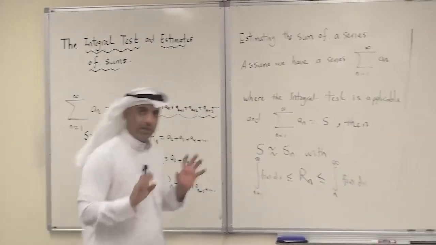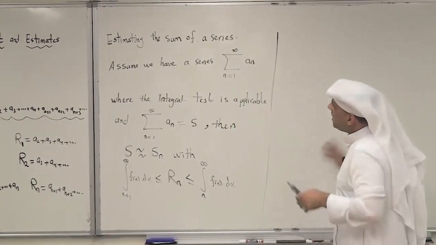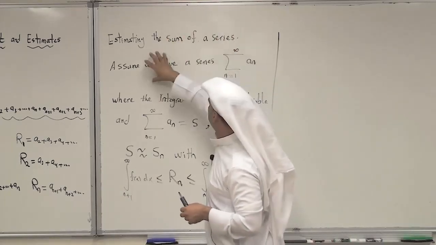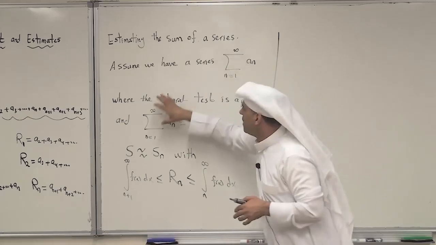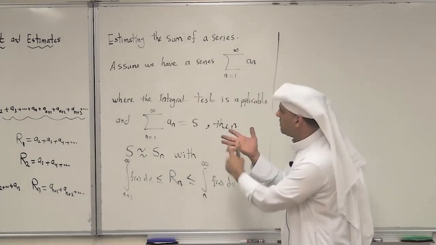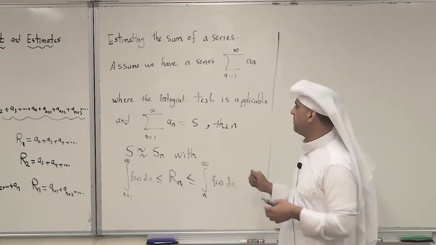Now we conclude by summarizing the error involved in such a calculation. I will clarify it by geometrical explanation. Here we are estimating the sum of a series. Assume we have a series where the integral test is applicable, meaning we can define a function that is decreasing, positive, etc., with all the requirements there.